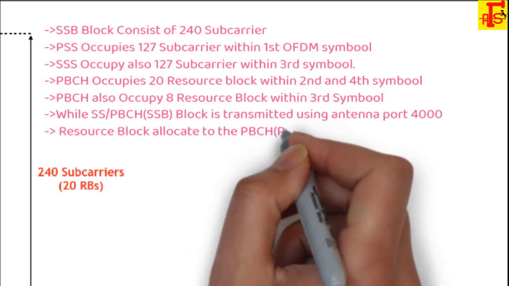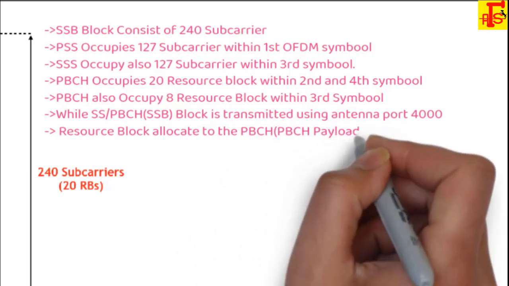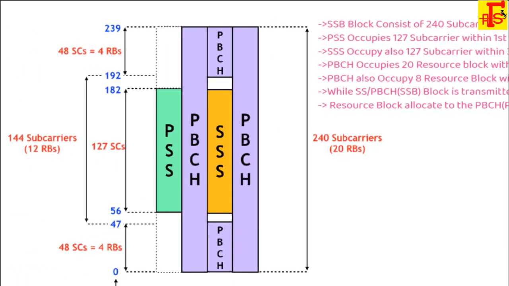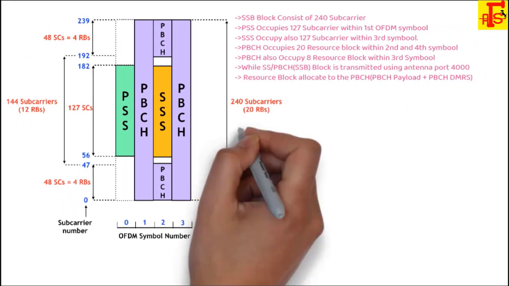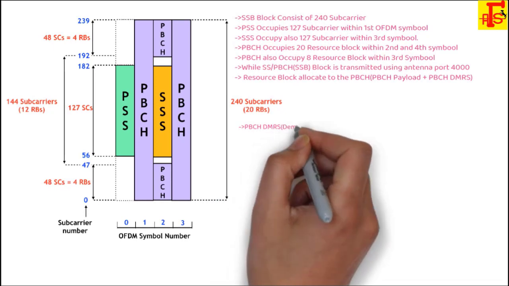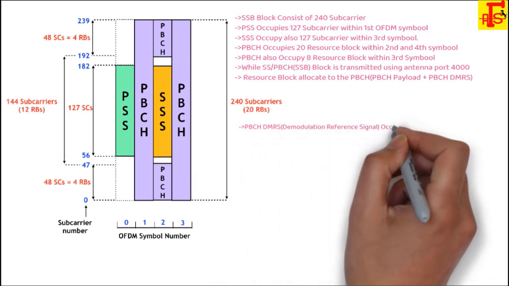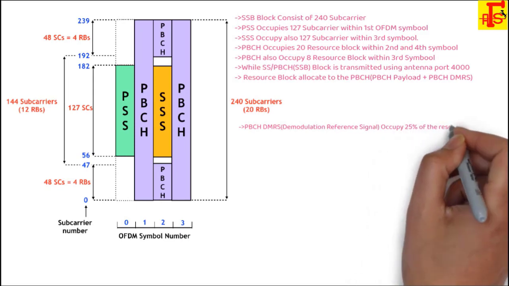So the resource blocks allocated to the PBCH accommodate both the PBCH payload and the PBCH demodulation reference signal. Now two terms have come in PBCH: one PBCH demodulation, and one PBCH payload, right? So DMRS occupies 25% of the resource elements allocated to PBCH. If PBCH is allocated 4 REs, then out of 4 REs, 1 RE will be allocated for the DMRS.